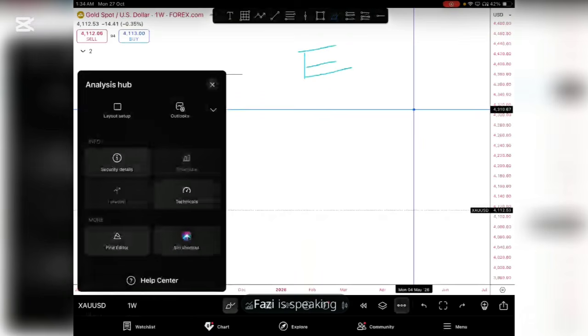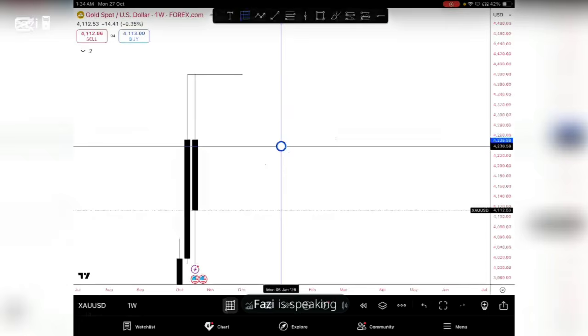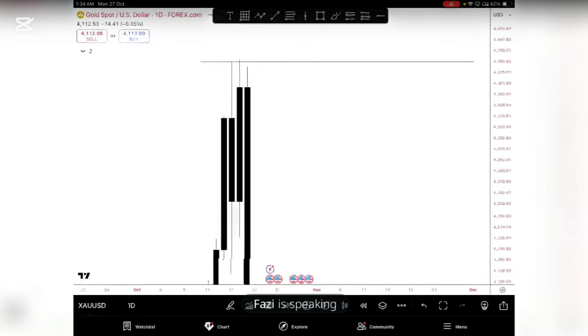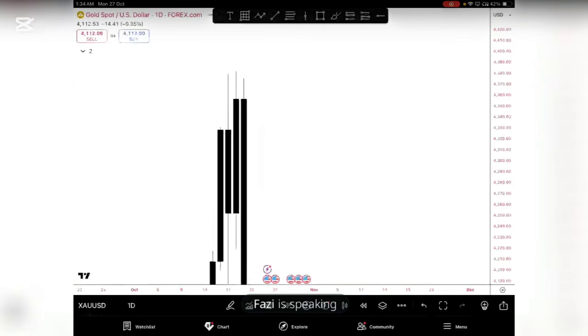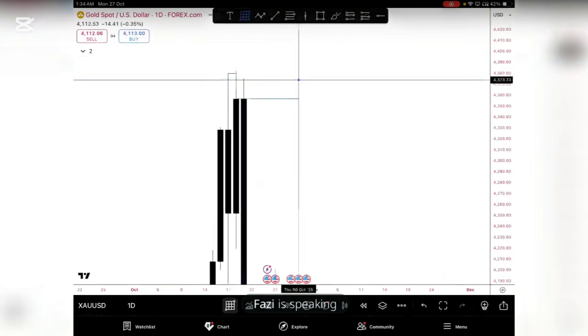So here, if you take your sells on daily, you can see the price has taken the daily sweep, and the daily created a V-shaped key level. So the price doesn't give any entries here.